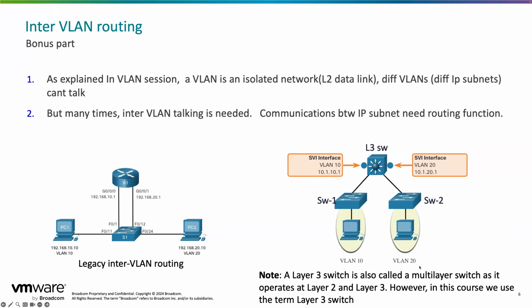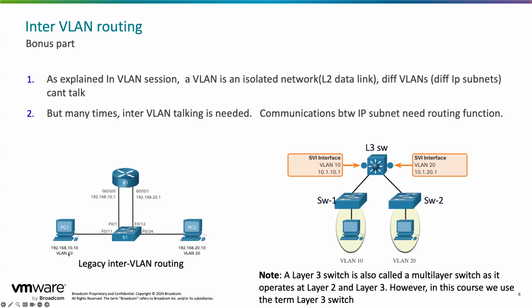There are 2 topologies for inter-VLAN routing. This is the legacy one, legacy inter-VLAN routing. You have to leverage a router, a real physical router. For example, there are 2 VLANs. VLAN 10's PC's default gateway is located on router 1.